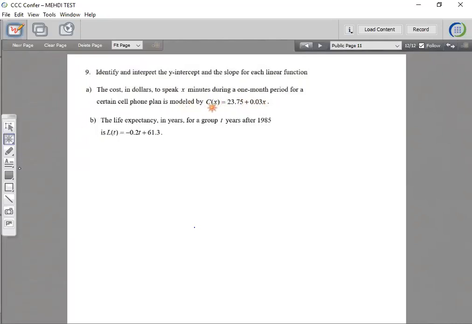C of X is really like Y. Instead of saying Y is equal to something, C of X means the cost in terms of X. So this is like if you had Y is equal to 23.75 plus 0.03x.